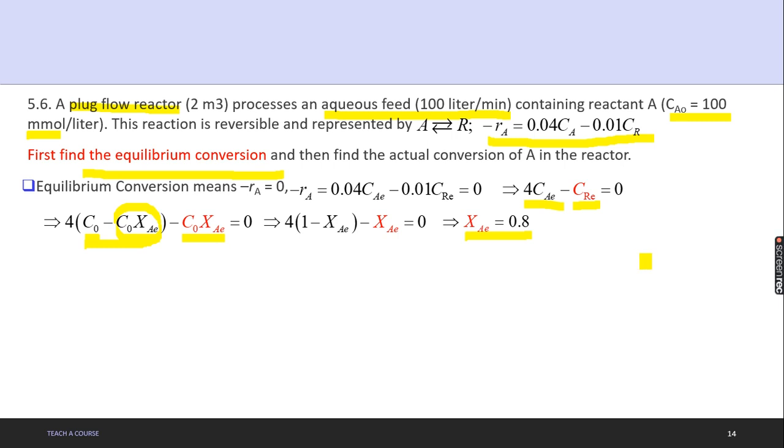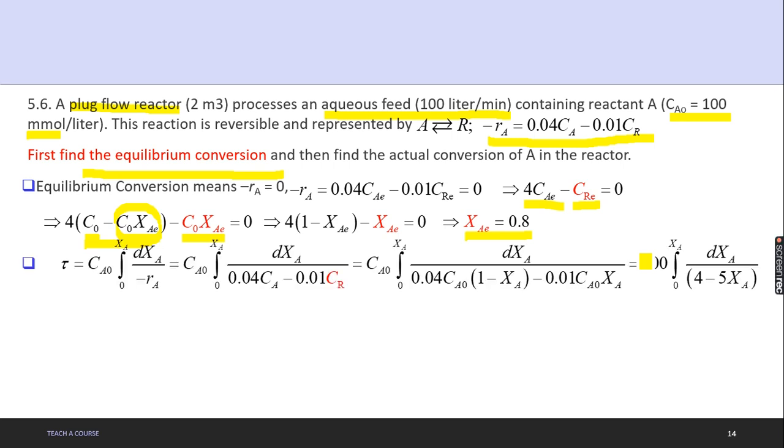Let's see what happens in plug flow. The plug flow expression you already know, that remains unchanged. So tau equal to Ca0 integral of dxa over minus Ra. Ca0 we anyway know. Again, minus Ra is the rate expression, that is in terms of Ca and Cr. As we have shown you, similarly you can write Ca equal to Ca0 into 1 minus Xa, that is valid always, and Cr equal to Ca0 into Xa.